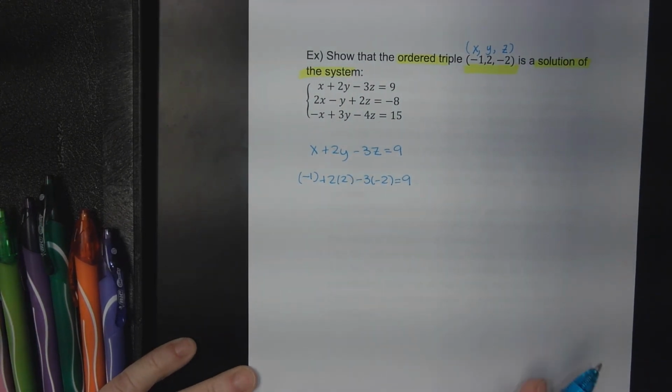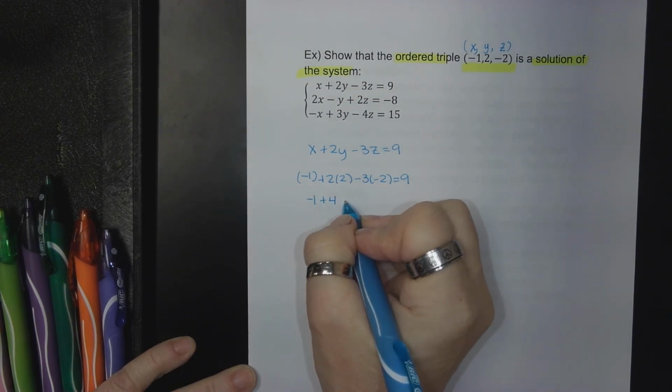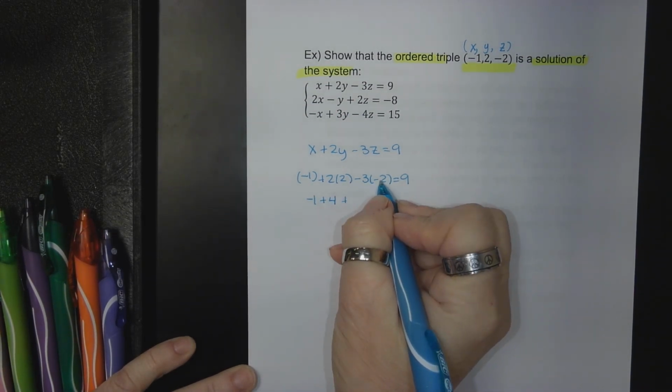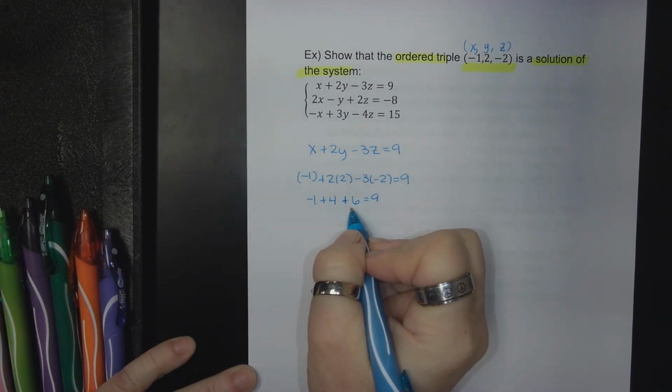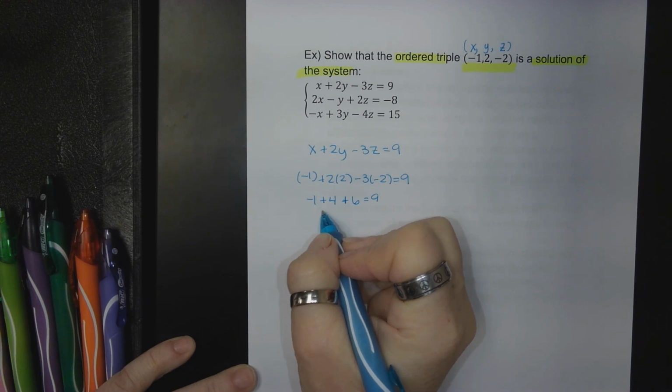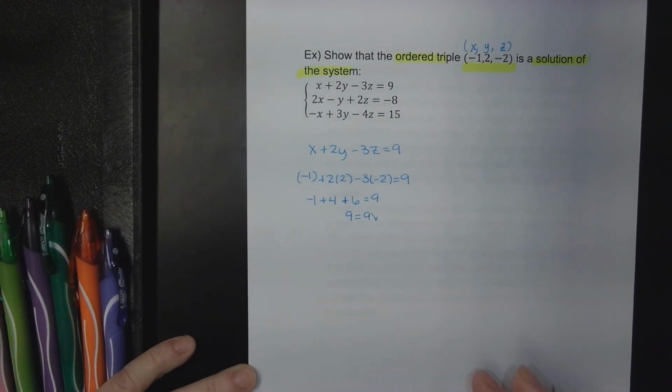This should end up equaling 9. So we have -1 plus 4. Negative times a negative gives us a positive, right? So 6 plus 4 is 10 minus 1, 9 equals 9. So that's a true statement.